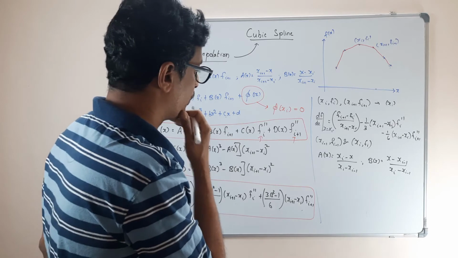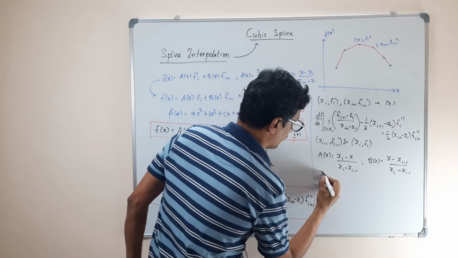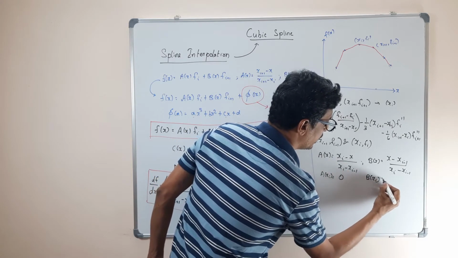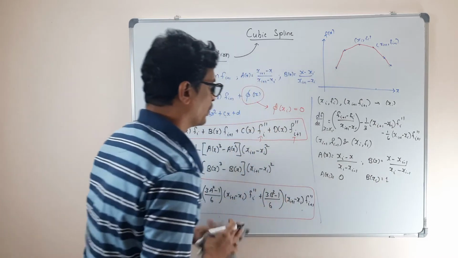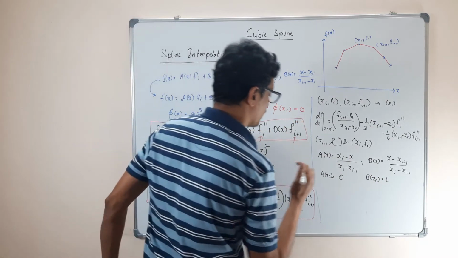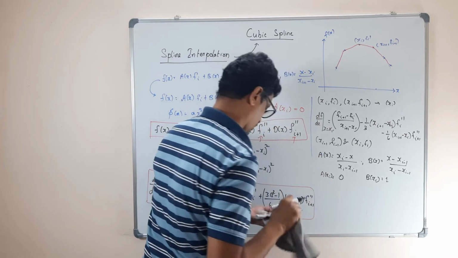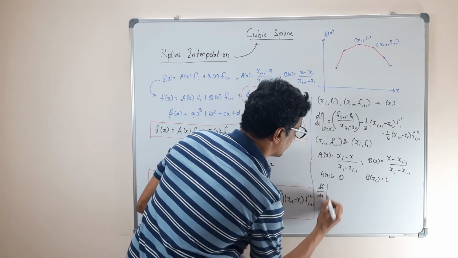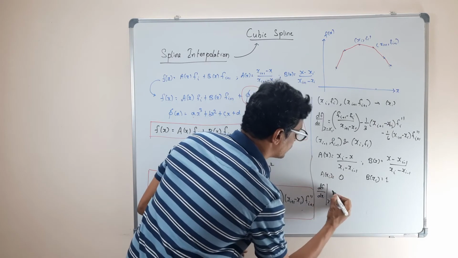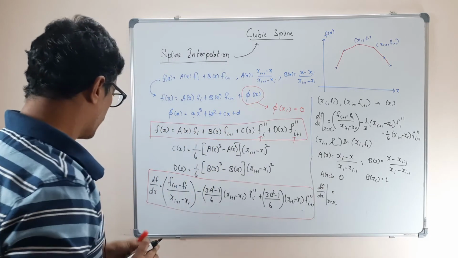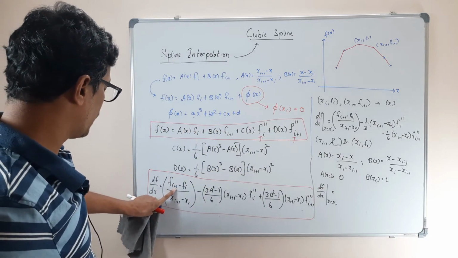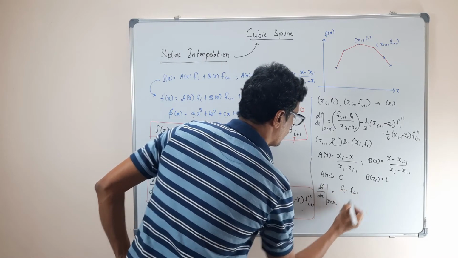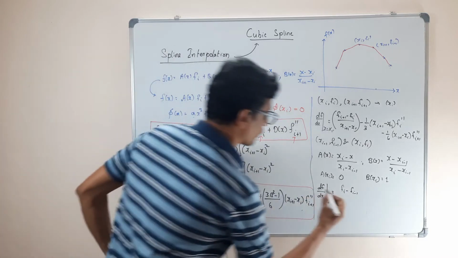So therefore a of xi will be 0 and b of xi will be 1. So then this derivative, df by dx at x equal to xi using these 2 points, will be (fi minus fi minus 1) divided by (xi minus xi minus 1).